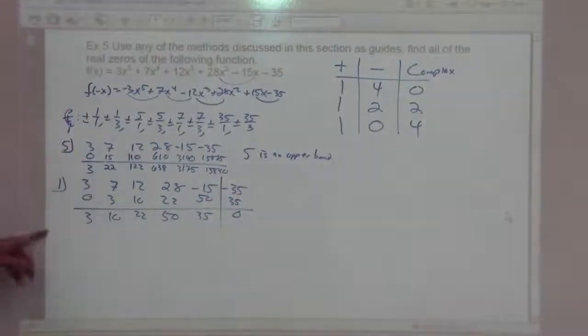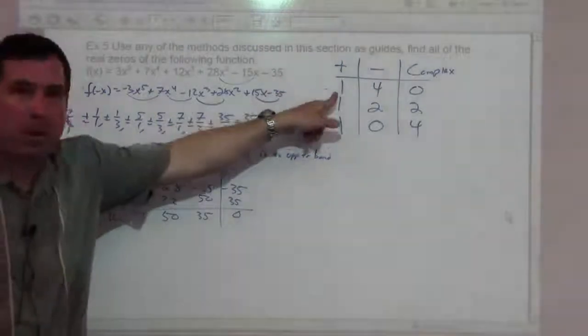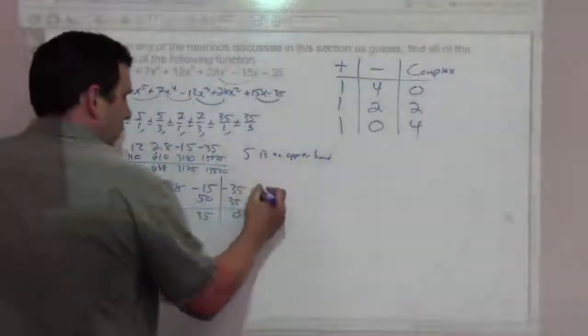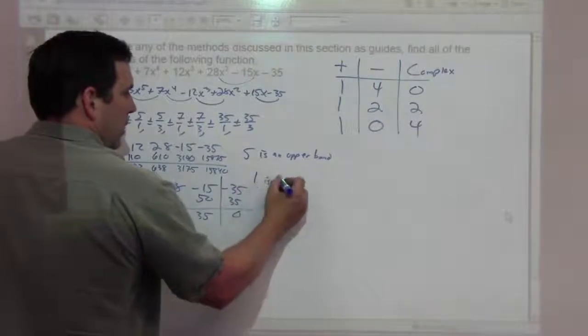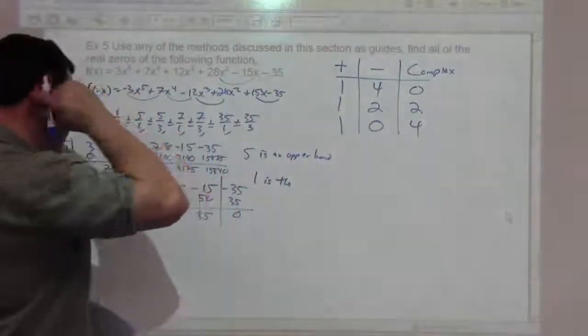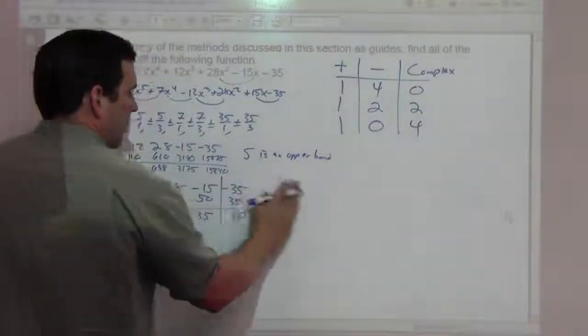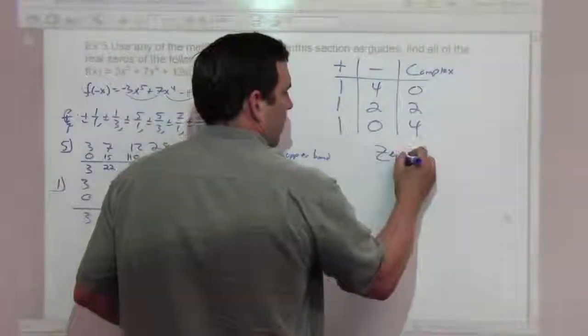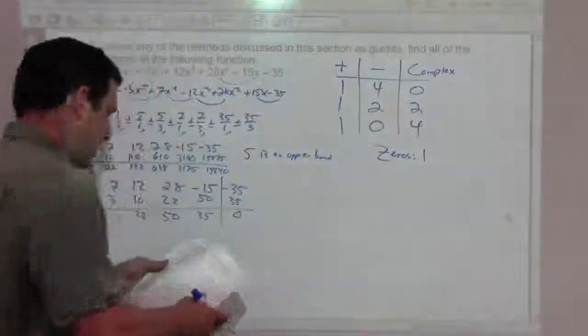Hey, so 1 is one of our zeros. Okay, cool. That's our single positive zero, so we're not going to try any more positive zeros. So 1 is a zero. Okay, let's continue then.